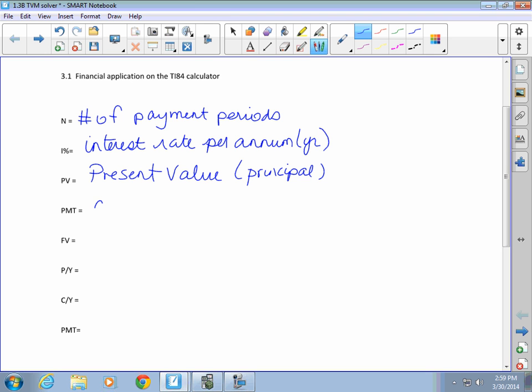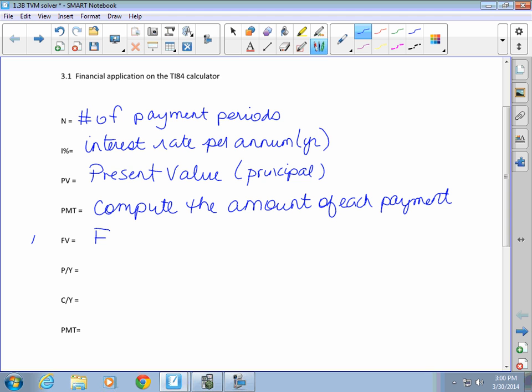So PMT will compute the amount of each payment. FV is our future value. So that's the equivalent of A, and this is the equivalent of P. So future value of investment or loan.